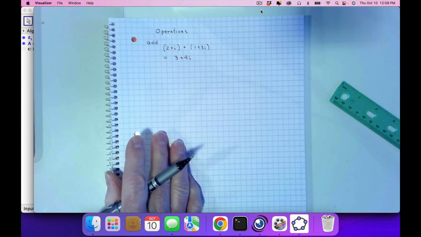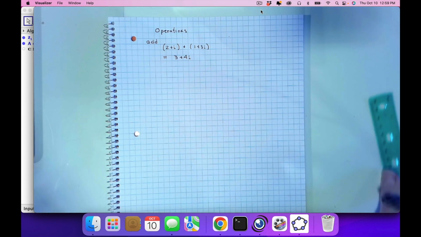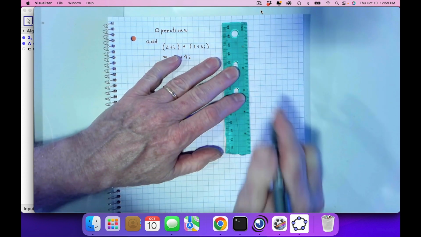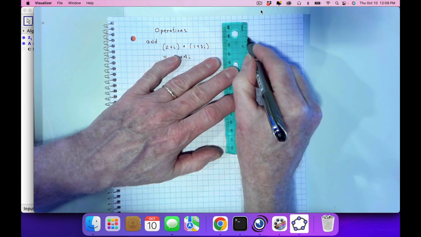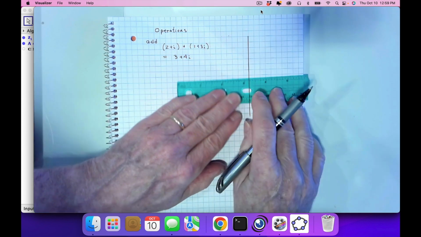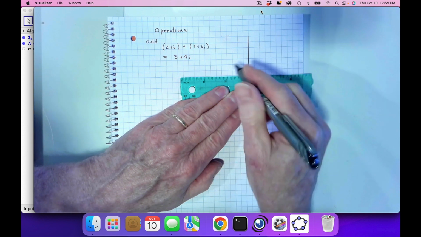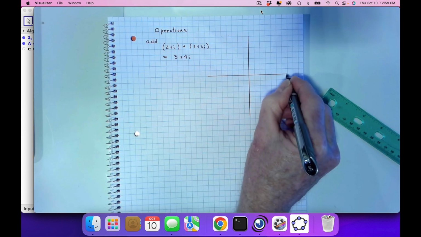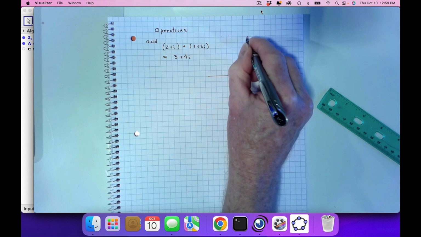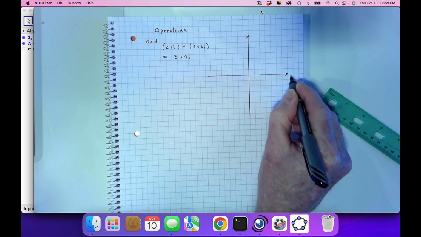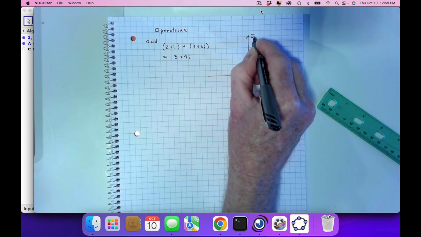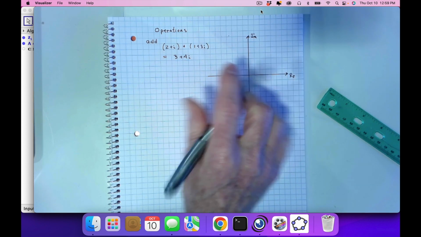But we want to interpret exactly what we're doing. What are we doing when we're adding two complex numbers? Well, let's take a look at it over here on the complex plane. Real axis, imaginary axis, complex plane.